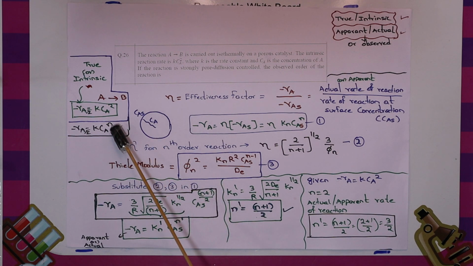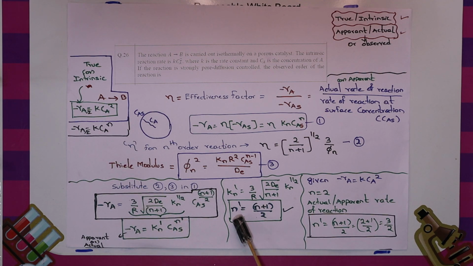If you compare the true rate of reaction with the actual rate of reaction, in place of n, where it is minus Ra, the true rate is K Ca power n, while the actual rate is Kn dash into Cas power n dash. If you compare these two equations, in place of n, now it has become n dash. How can we relate n dash to n?